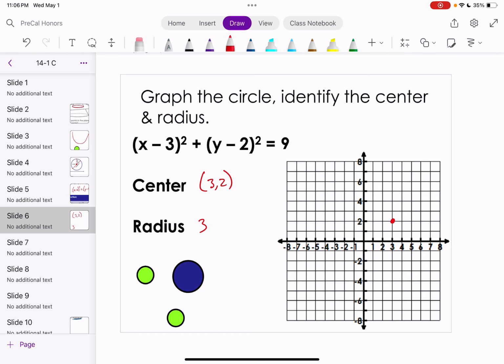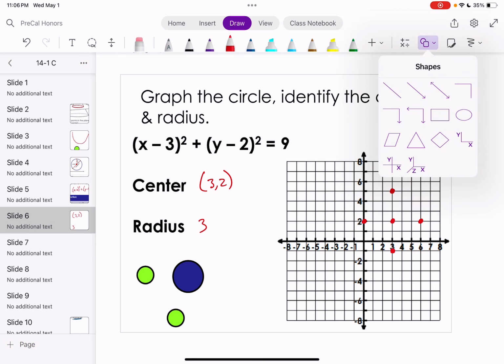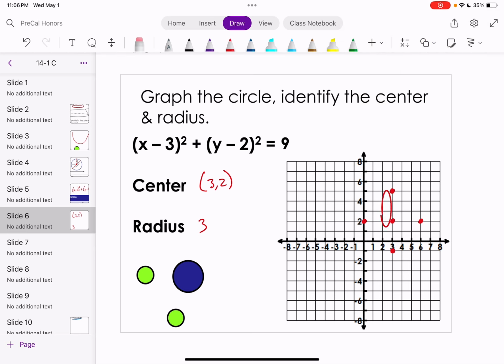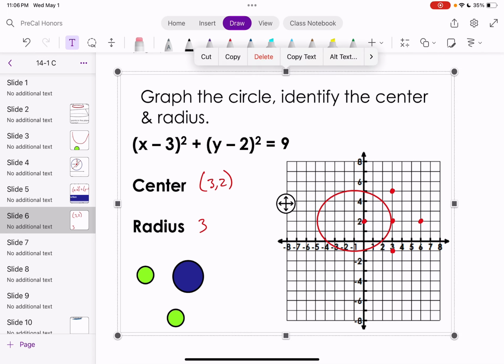So we're going to move 3 in all directions, which means we would move 3 to the right, 3 to the left, 3 up, and 3 down. We would then connect the dots. In this case, we would just go ahead and connect all of the dots from our circle.